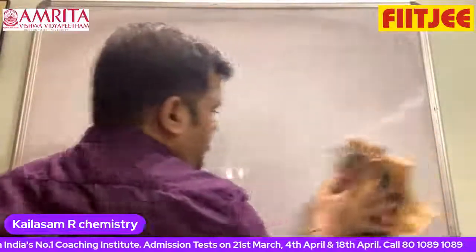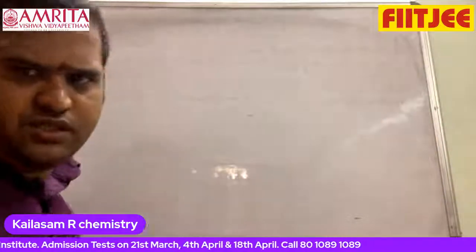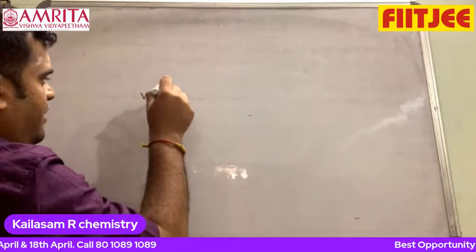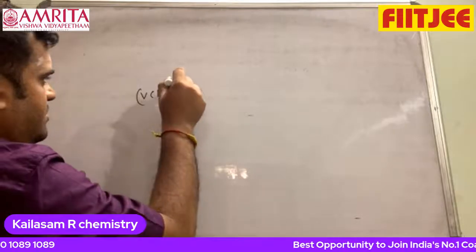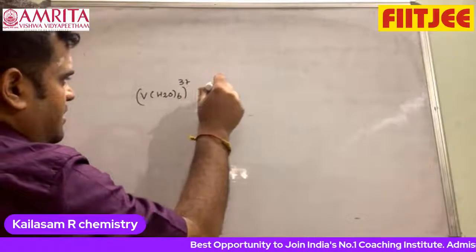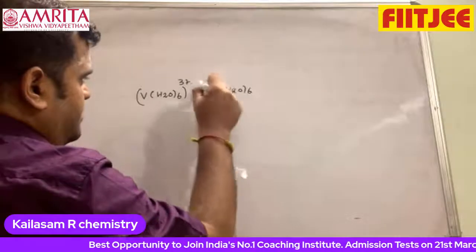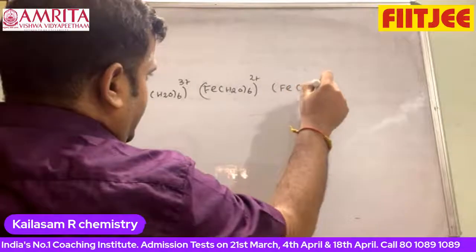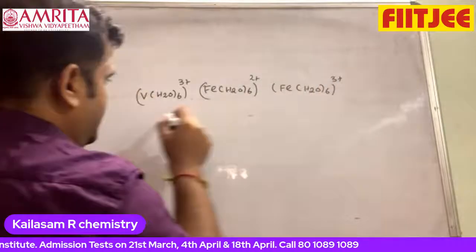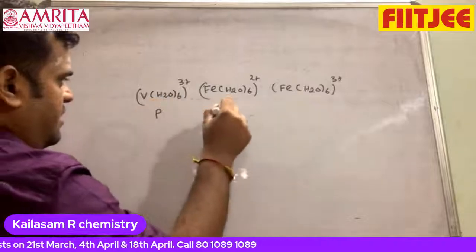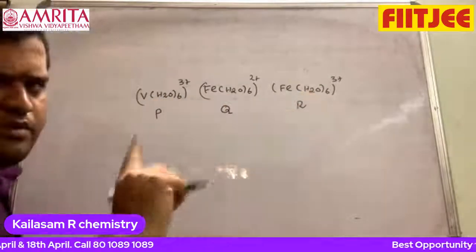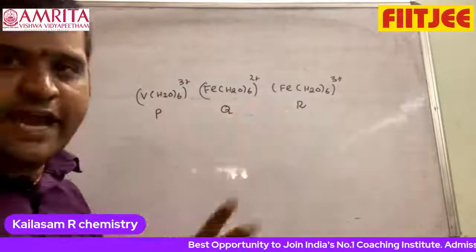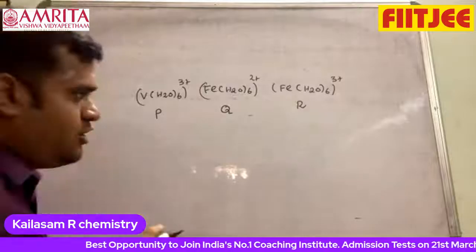Look at this, I'll take it as, I'm going here, [V(H2O)6]3+, [Fe(H2O)6]2+, [Fe(H2O)6]3+, these are P, Q, R. They may ask you to arrange in increasing order of magnetic moment. Anyway, all three are weak ligands, no problem, pairing is not at all possible. Go to the electronic configuration.